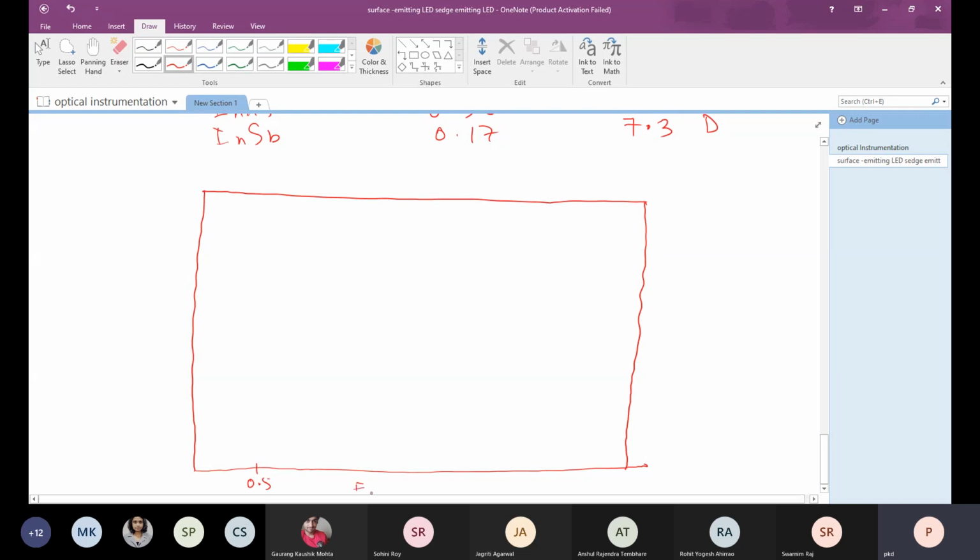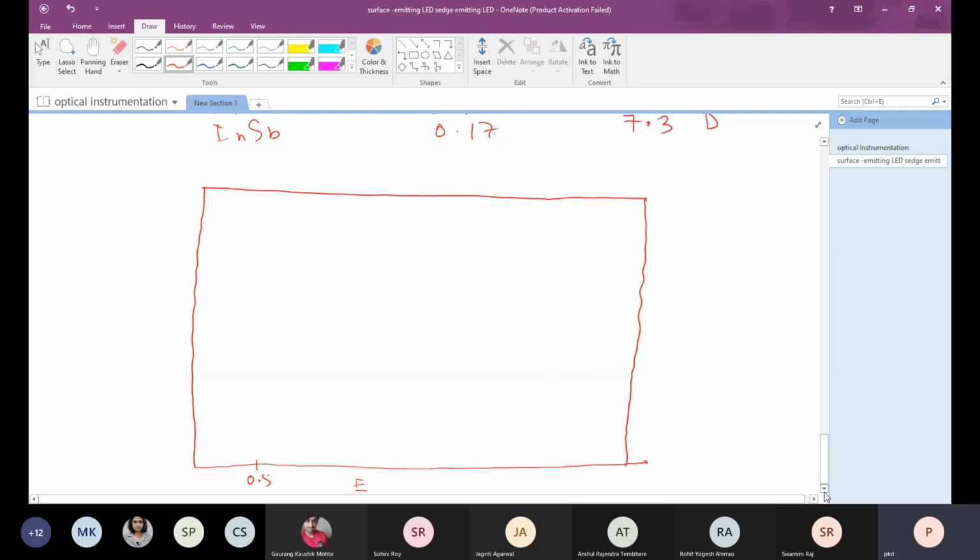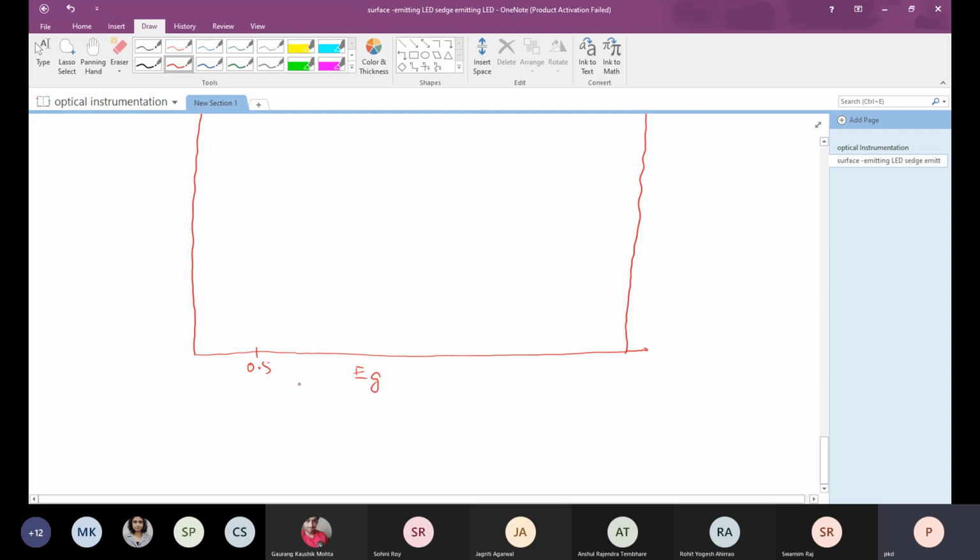This is Eg. Lattice constant 5.4 angstrom.